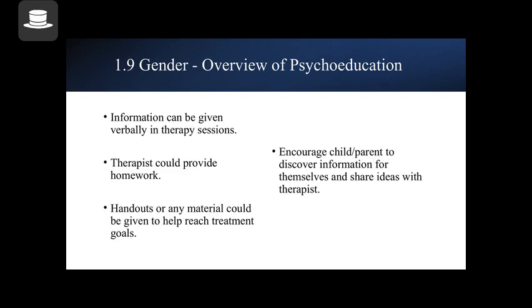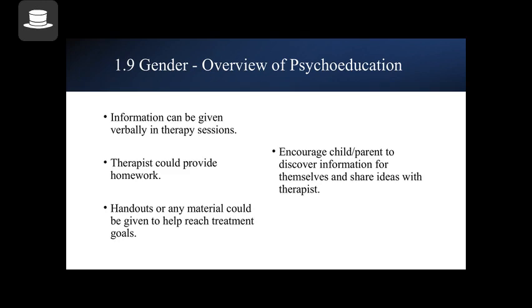The therapist can provide some simple homework that is good for having the child reach their goals, and any handouts or materials could be given to help reach treatment goals.